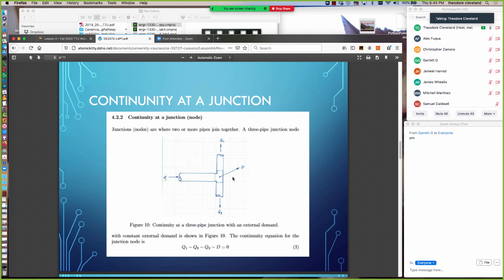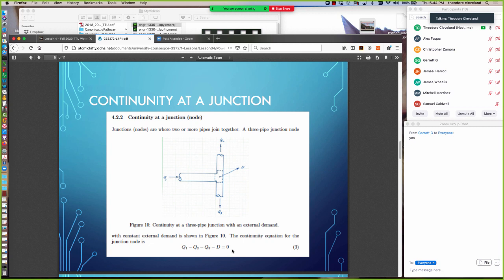So if we were to write the continuity equation for the junction, which is this dashed object here, we could write that Q1 minus Q2 minus Q3 minus demand equals 0, or more conventionally, Q1 minus Q2 minus Q3 equals demand, and that would be the continuity equation for that junction.